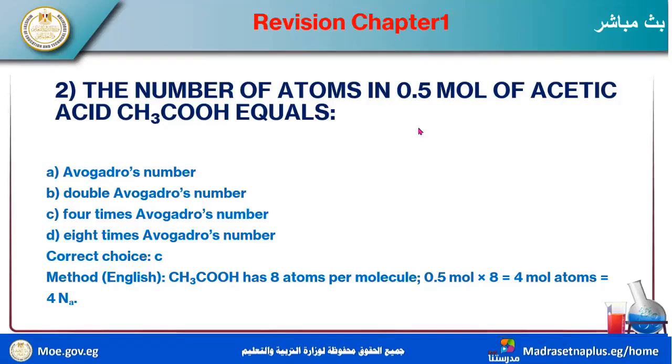This is the true answer: 0.5 times 8 equals 4. We don't need Avogadro's number here. This is the true answer for the last question.